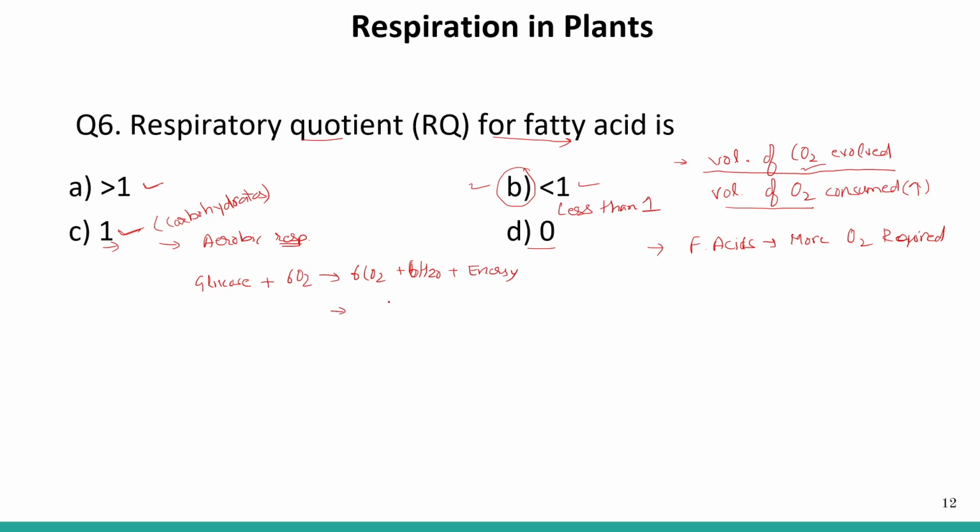Here the RQ value will be 6 divided by 6, which comes to 1. And 0 will be for succulent plants, because oxygen is consumed and carbon dioxide is not evolved.